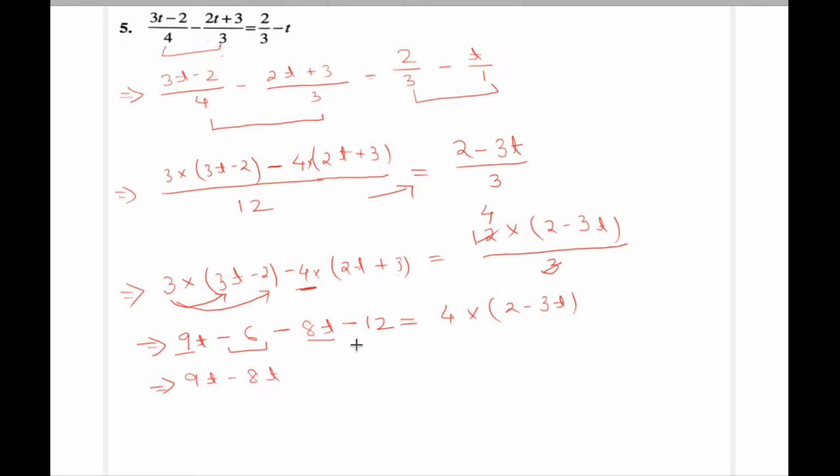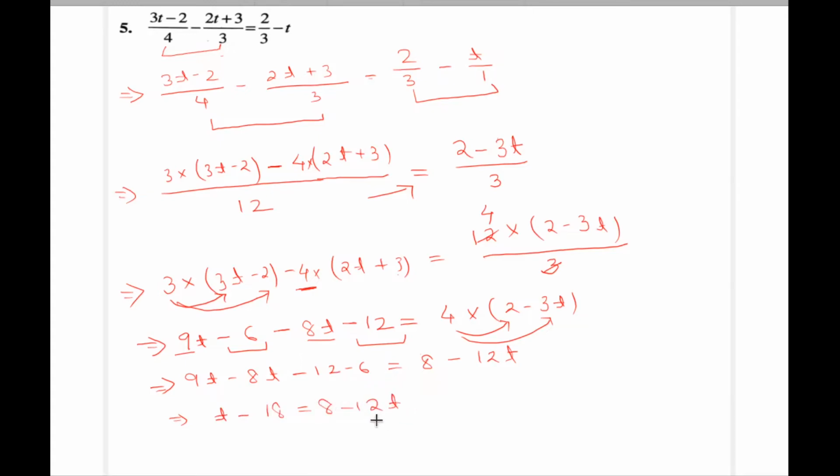This is minus 6 and minus 12. First let us write. Okay. Now 4 multiplied by 2 is 8, minus sign, 4 multiplied by 3t is 12t. Okay. Now 9t minus 8t is t only. Minus 18 equals 8 minus 12t.